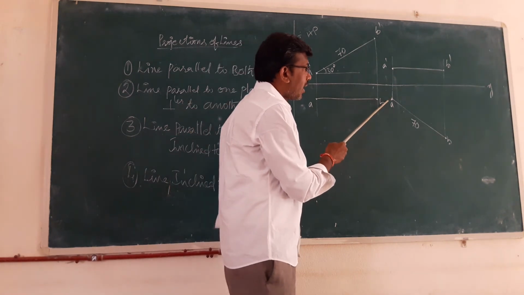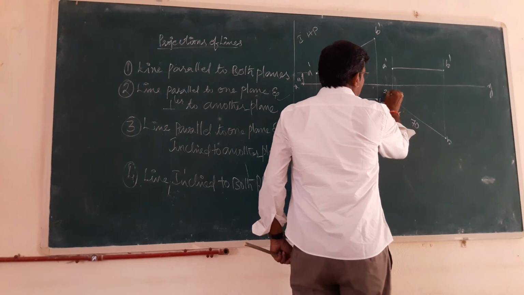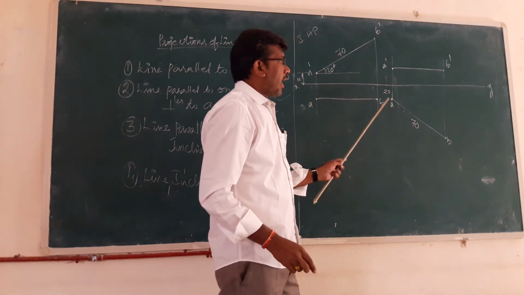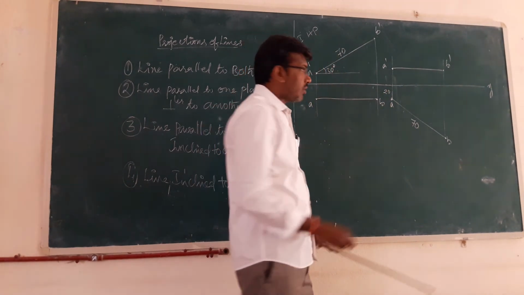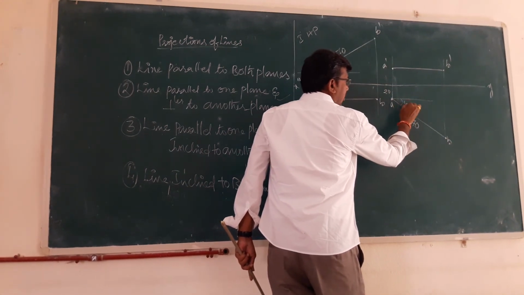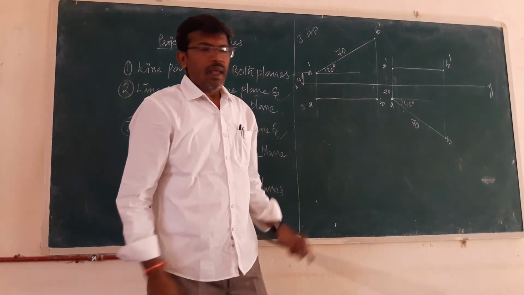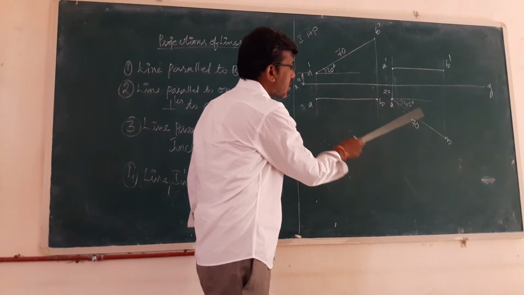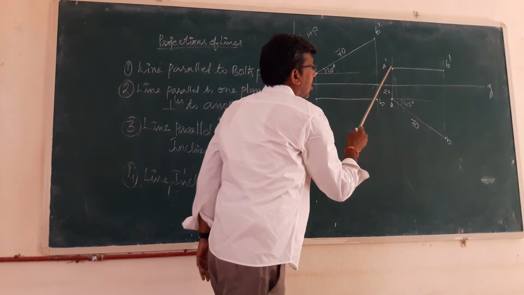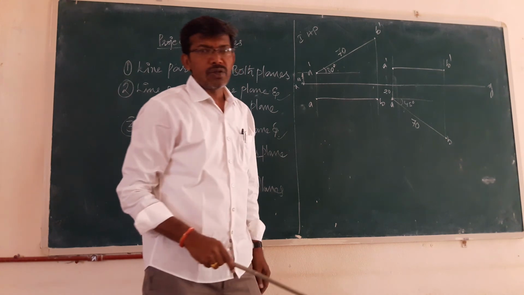Suppose if this point A is 20 mm below, simply you can write it here. This is 20 mm and it makes an angle of 45. So simply draw a line here parallel to XY and make it 45 degrees such that it will be there. And draw the two projectors straight and draw the horizontal line which is parallel to XY, then this will be the reduced length.